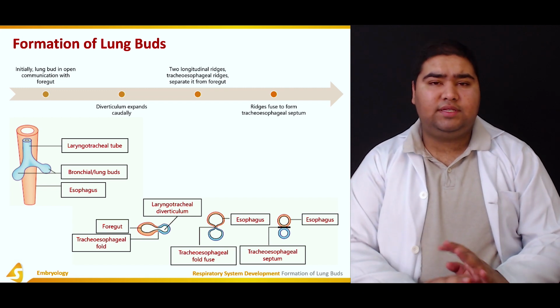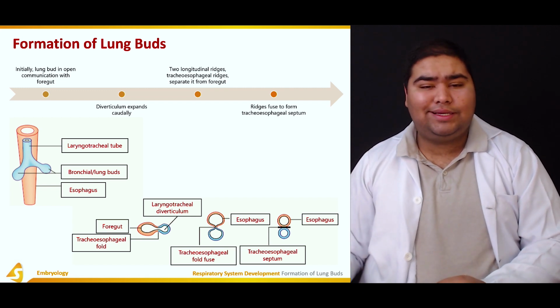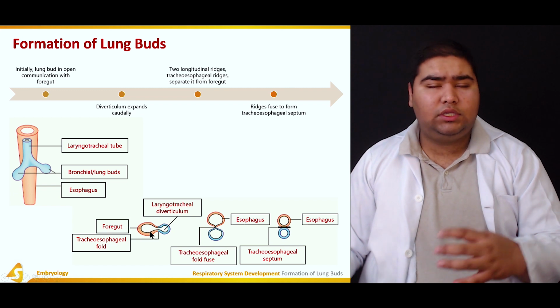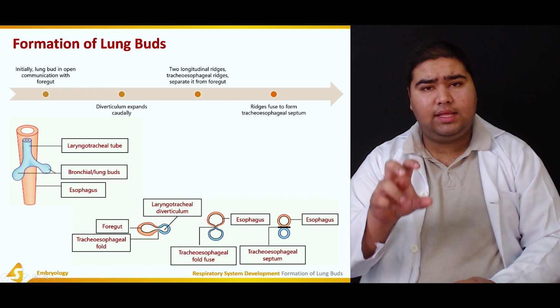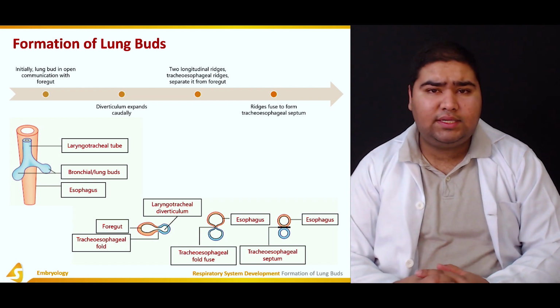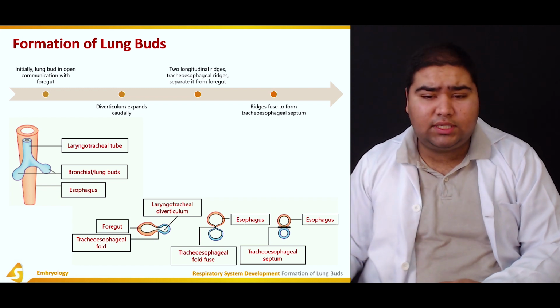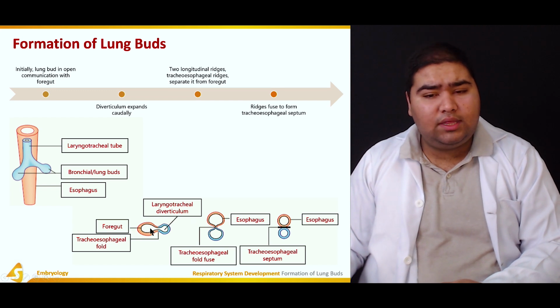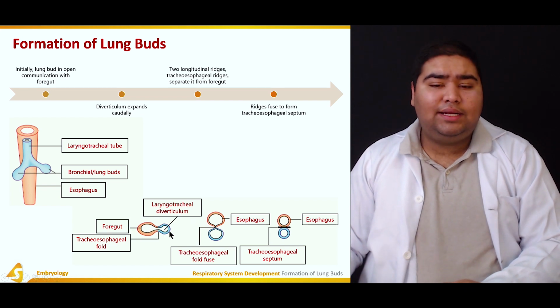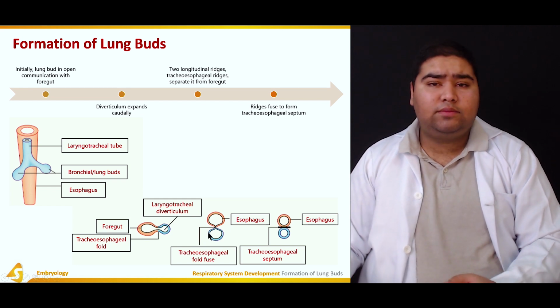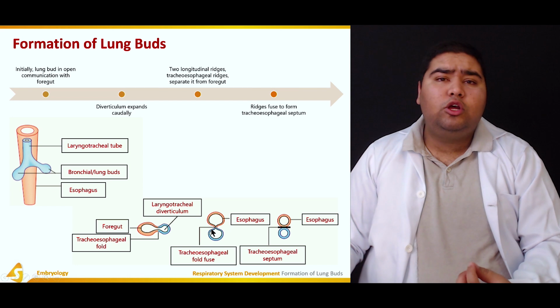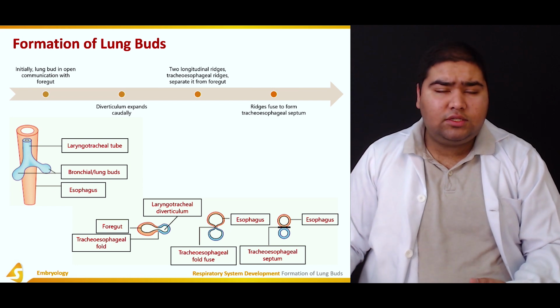So what happens? Recapping it, we had a common foregut tube, from where there was a respiratory diverticulum. The respiratory diverticulum was in open communication with the foregut. After that, there was caudal expansion of this respiratory diverticulum. Caudal expansion caused the formation of two longitudinal ridges or folds.